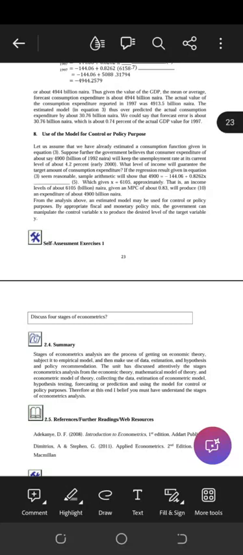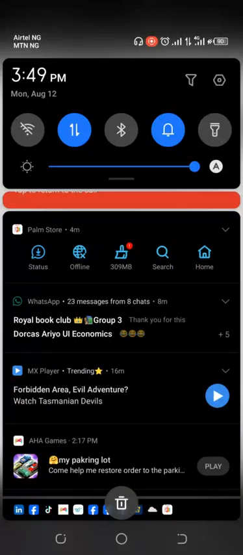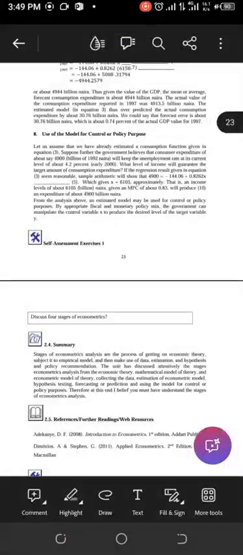You can add that too. Dependent variable is also called the control variable. And the independent variable, the controlled variable, is the one we adjust.